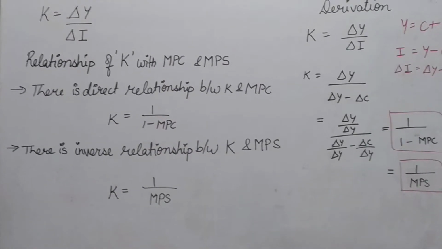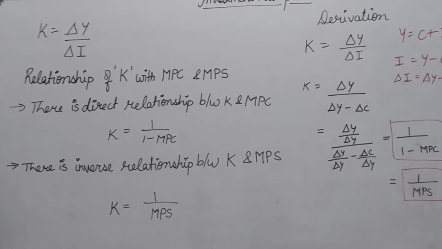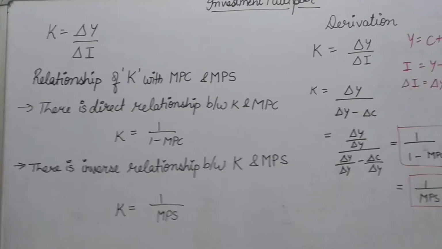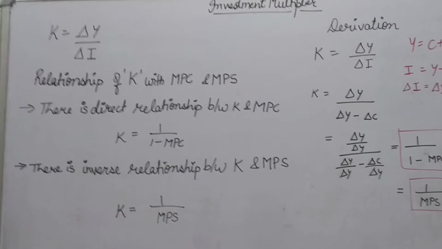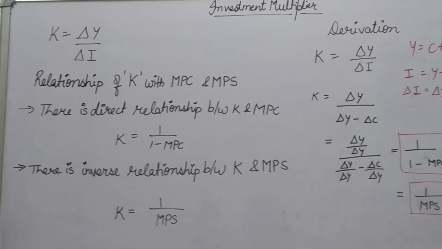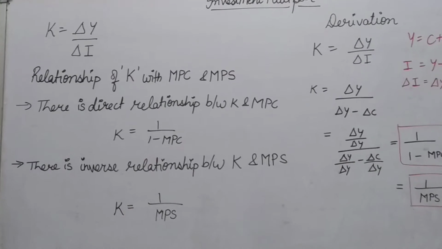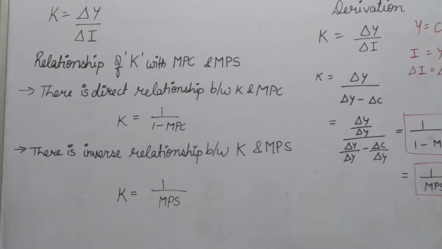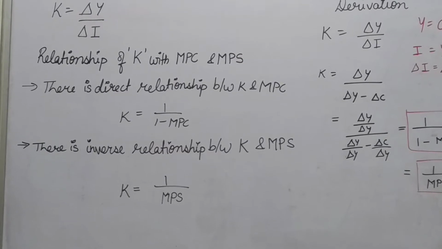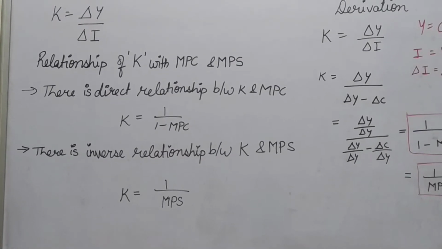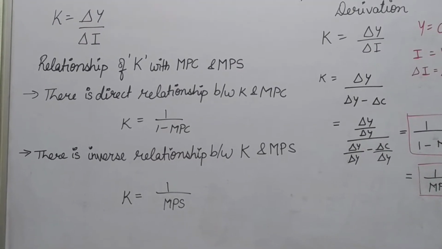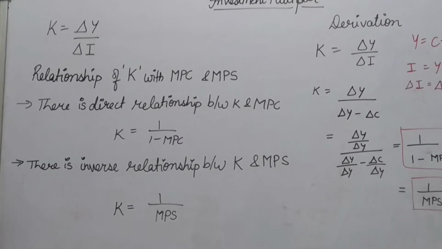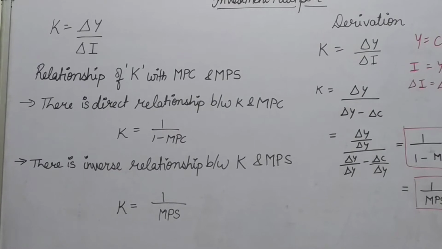Or we can say that multiplier is the number which explains how many times the national income increases as a result of increase in the investment. That means investment increase होने से income में कितना changes आएगा.